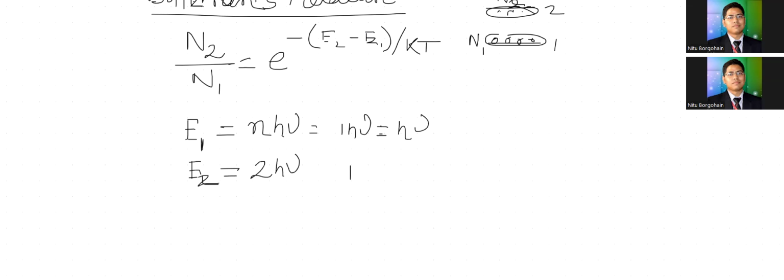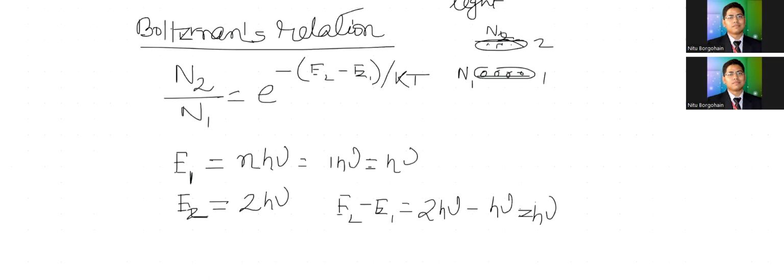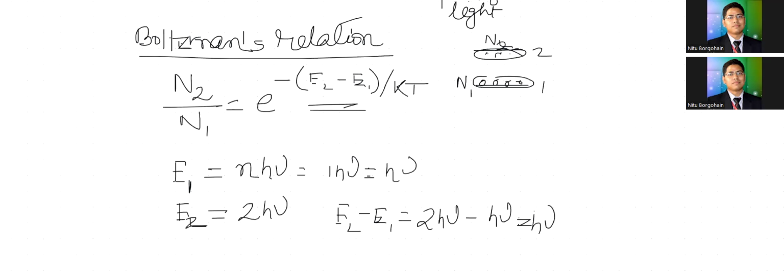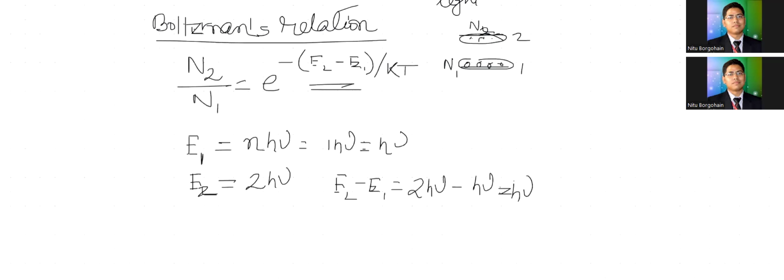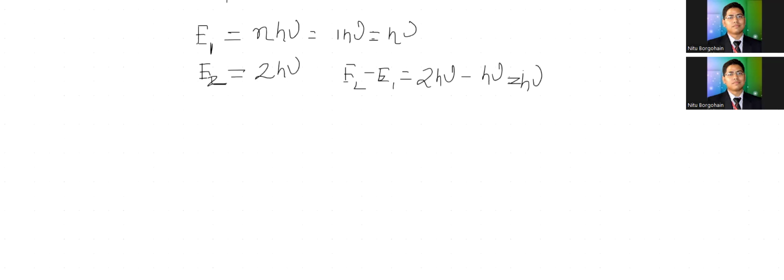E2 minus E1 will be equal to 2 h nu minus h nu, that is nothing but h nu. So in this equation, E2 minus E1 can be replaced by h nu. So we have the relation N2 by N1 equals exponential of minus h nu divided by KT. This is Boltzmann's relation, which we will be using in our problem.